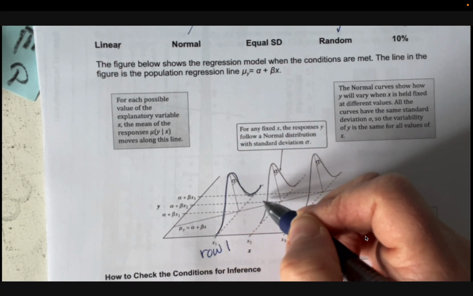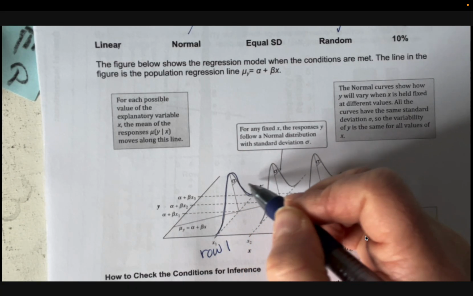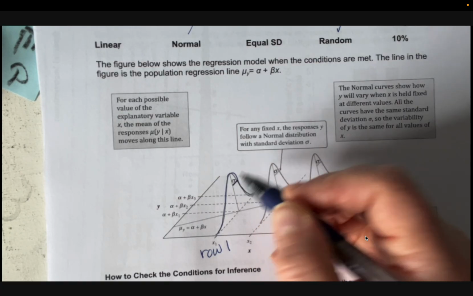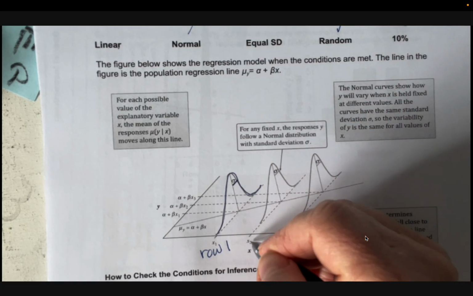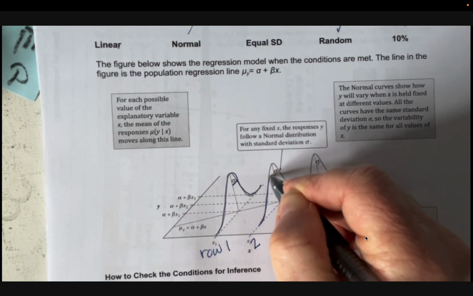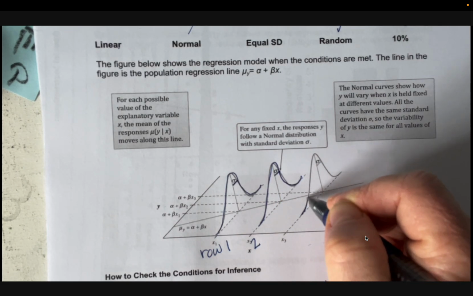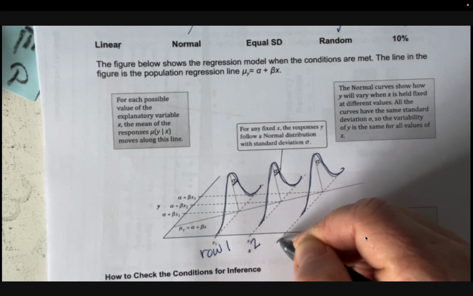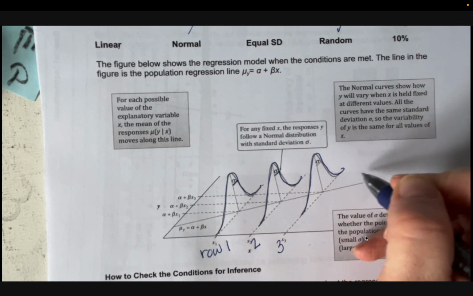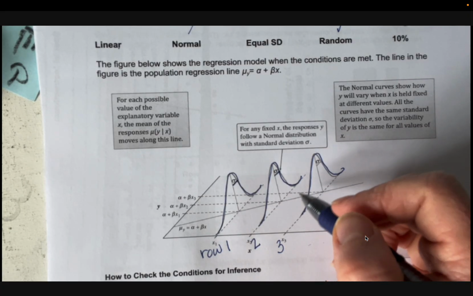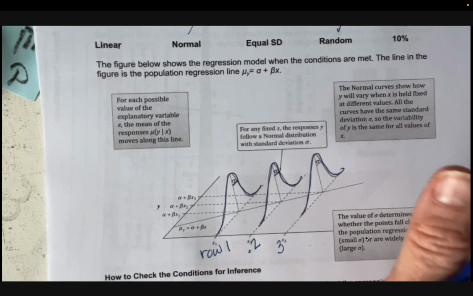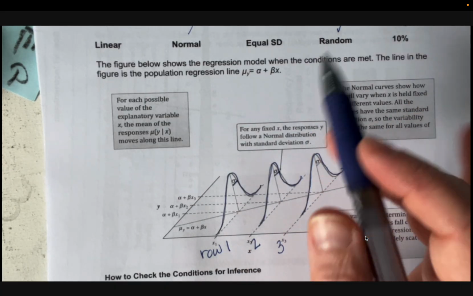They should vary and follow a normal distribution, and they should have some standard deviation. And then if this is row 2, same thing. All those scores from row 2 should vary normally and have some standard deviation. This is row 3, and all those scores should vary normally and have some standard deviation. So again, I'll tell you how you check it in a second, but this is the idea.